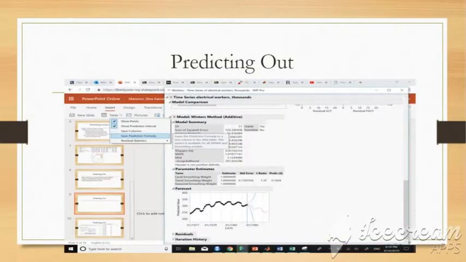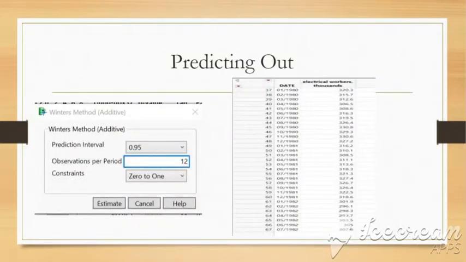We're going to look at the dates. This one goes monthly, in 12 observation periods, until this 1982 part right here, and it's predicting thousands of electrical workers in this column right here.